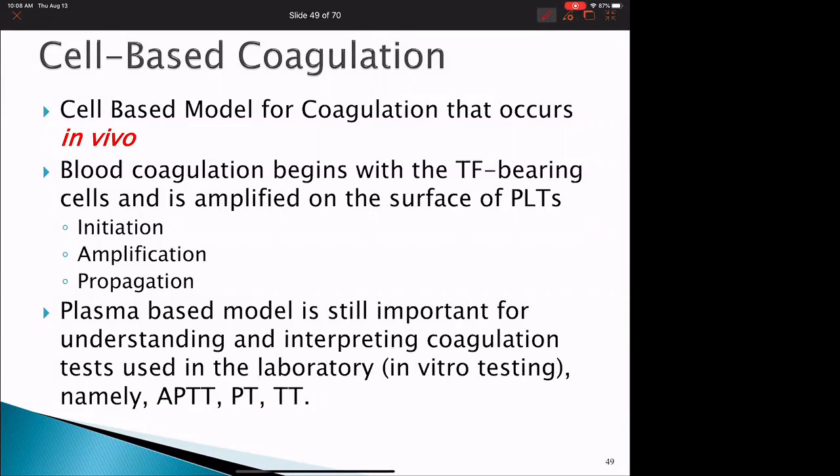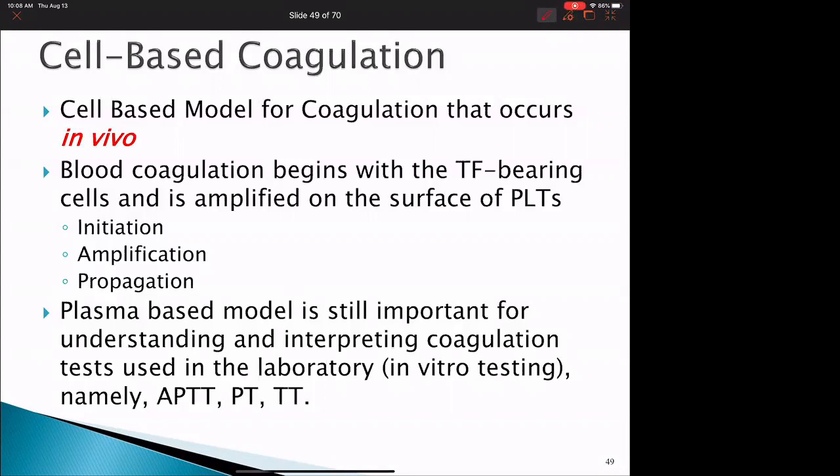But through the work of Dr. Hoffman, which he first published in 2003, the cell-based model for coagulation was created. It is now accepted as the process that occurs in the body.